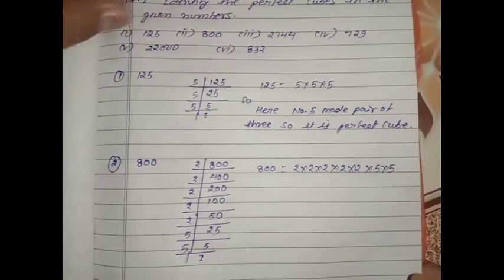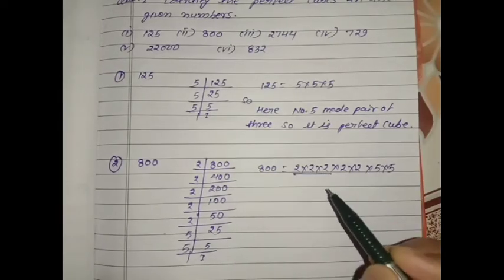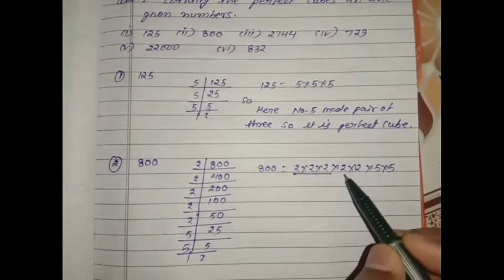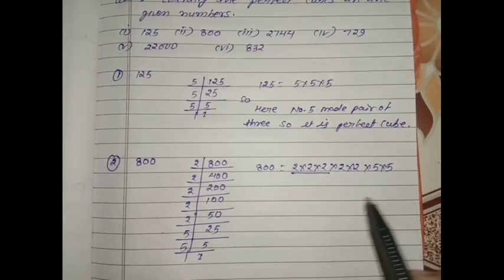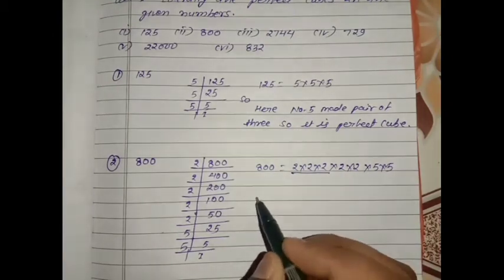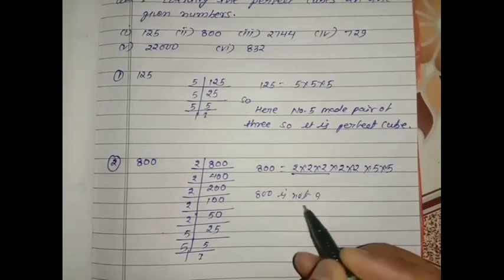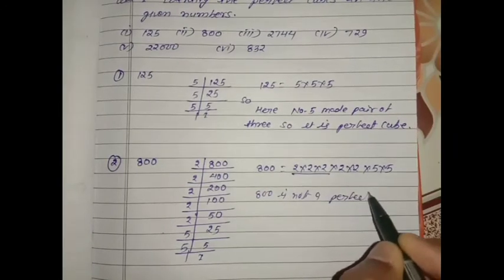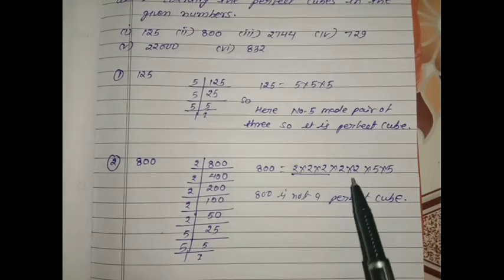So here you can see there is one group of 3, but this number and this number are not in a group of 3. So we can say 800 is not a perfect cube, because the remaining 2 numbers are not in a group of 3.